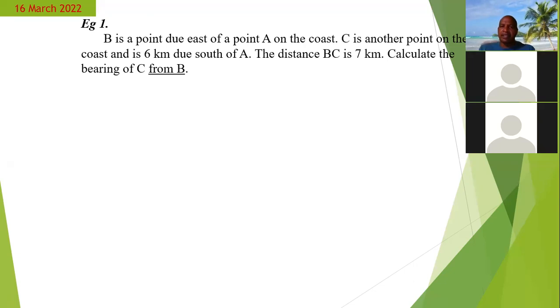The distance BC is 7 kilometers. So you have to calculate the bearings of C from B. All right, with all of that said, anybody care to take on the challenge of drawing a diagram to represent this information? And as you draw, you explain why you draw it in the way that you're drawing it.